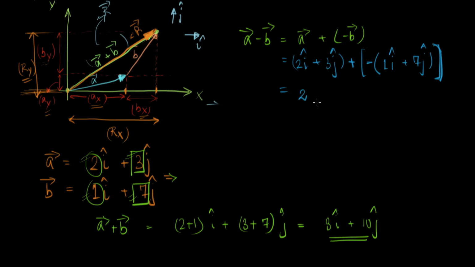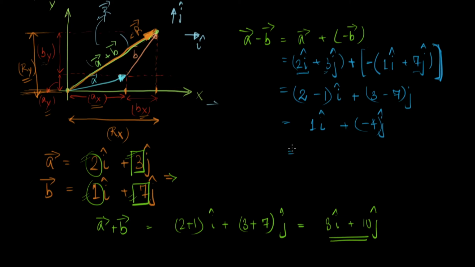So that would be 2 from the i here, and minus 1 from the i there. And to do the same thing with the j components, that's 3 from there, and minus 7 from there. Now, 2 minus 1 is 1 i cap, and 3 minus 7 is minus 4 j cap.